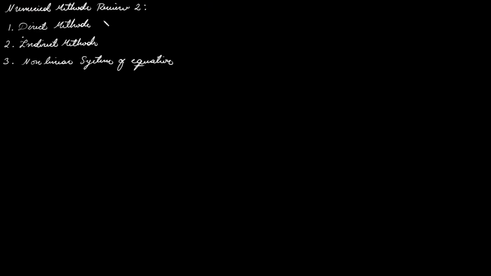So direct methods, you can think of them as, for example, using Gauss elimination. Gauss elimination is the perfect example. There is also what we know as LU decomposition, and I'm just going to write it as LU decomp.